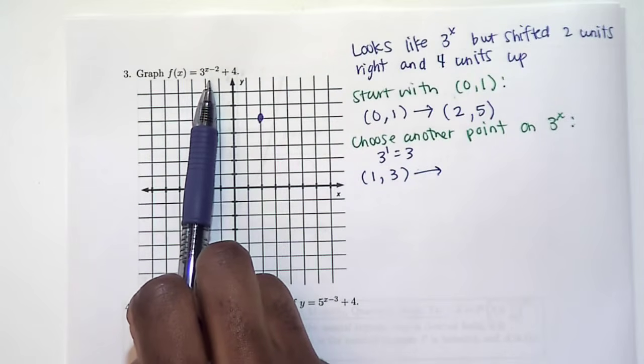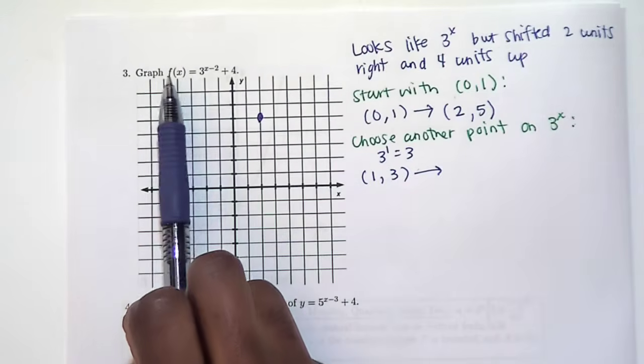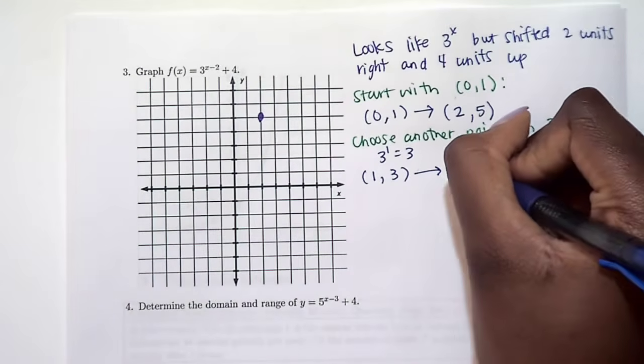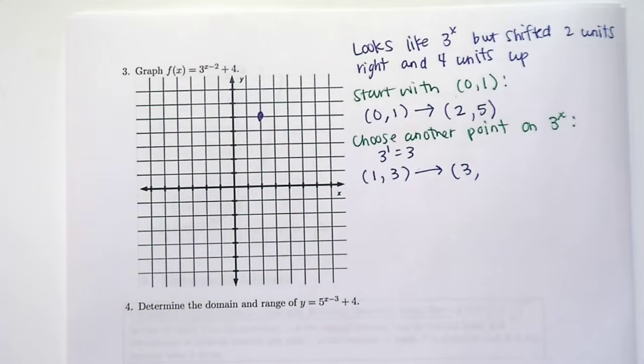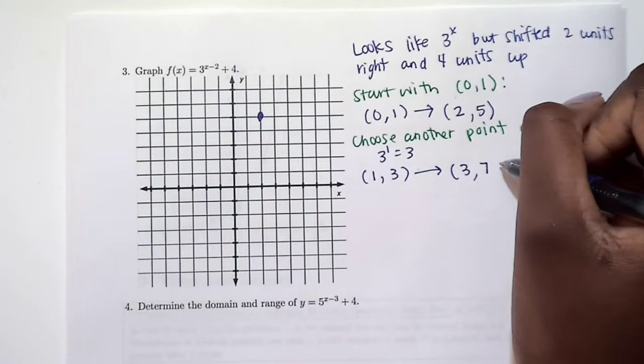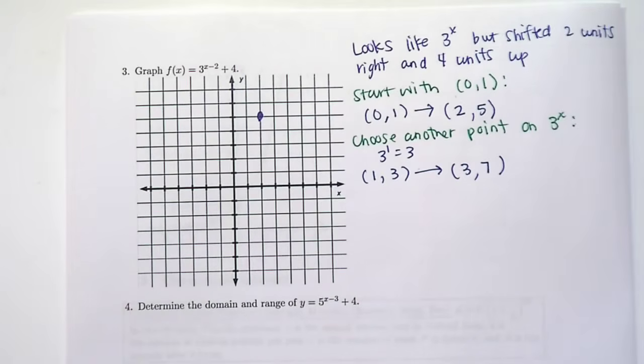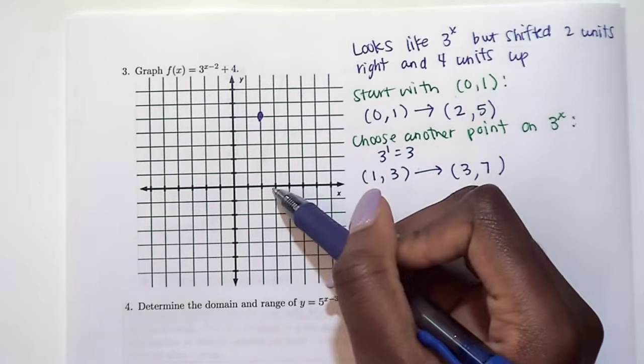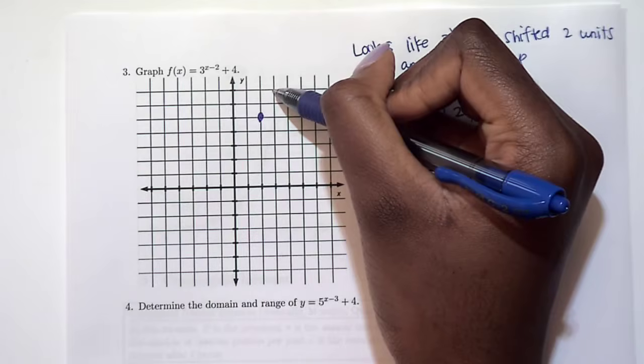Again, for the x value we need to add 2 to it, and for the y value we need to add 4. So now we have the point 3, 7.